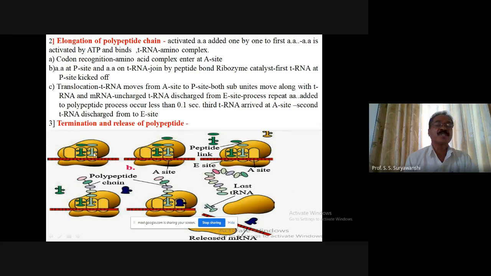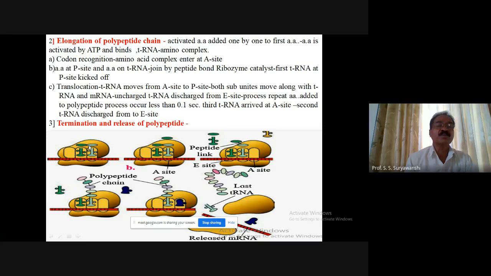It comes and enters the A site. Already the first amino acid is there with its tRNA complex. Now you can see the amino acid of the first one, of course it is methionine, and this is the second amino acid that joins with the first one. In this way a polypeptide chain forms.